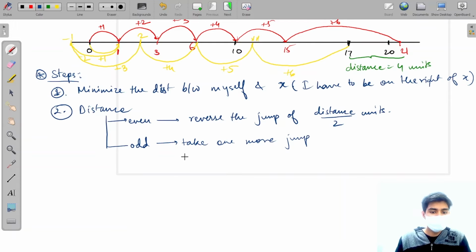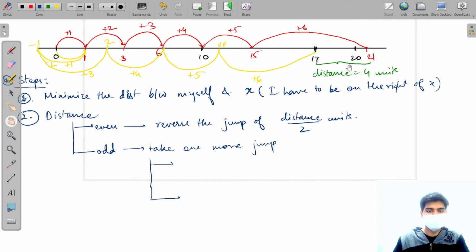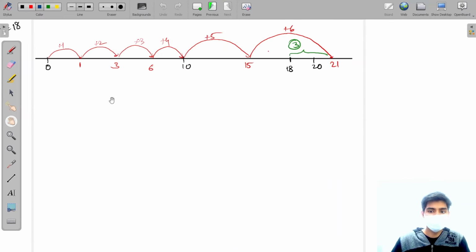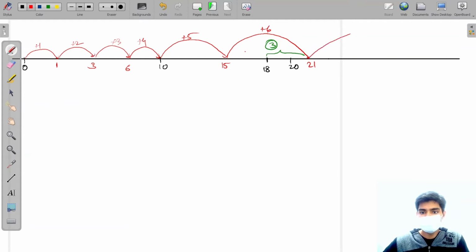Let's see what we get when we take one more jump. If I take a jump of +7 here, I'll get to 28.